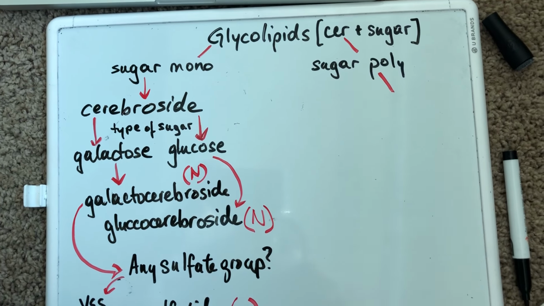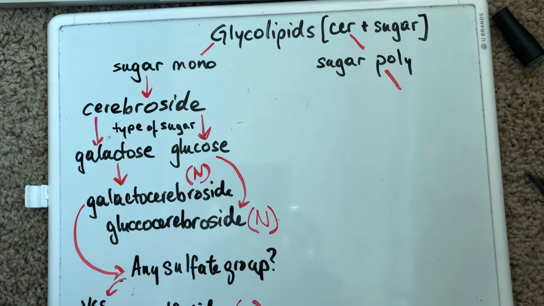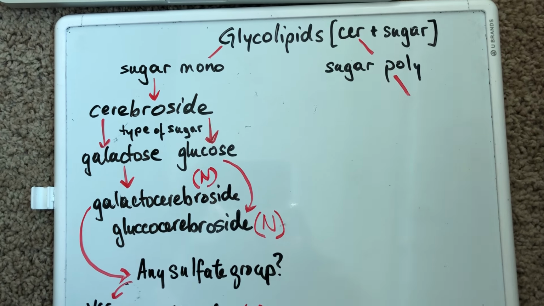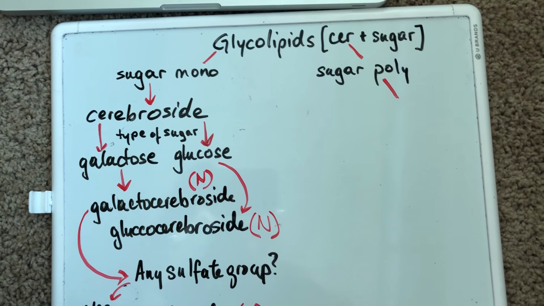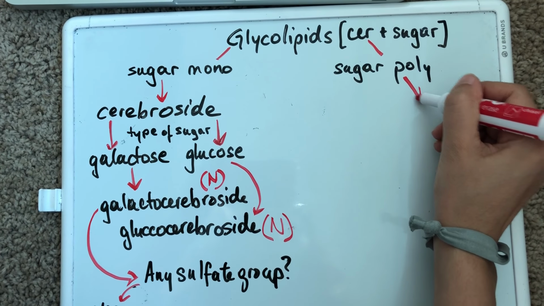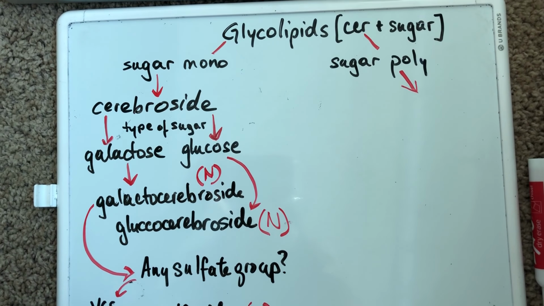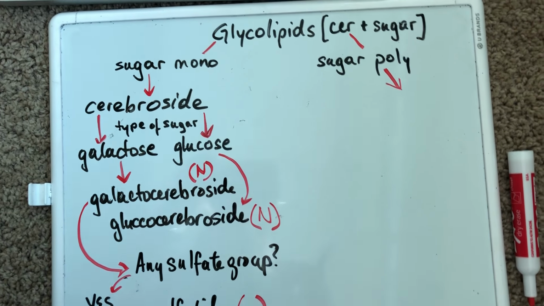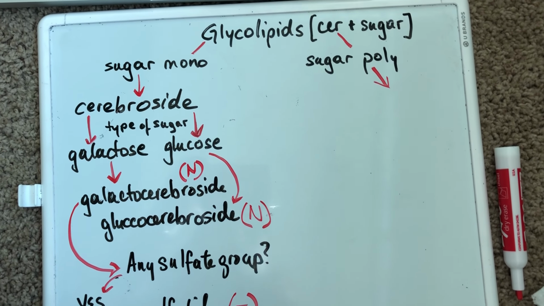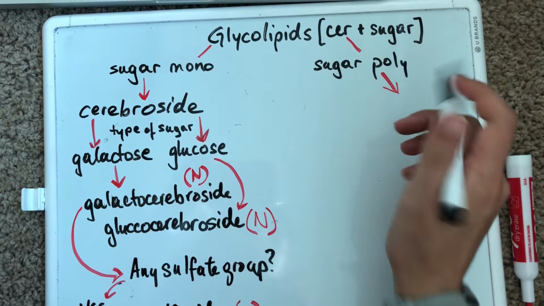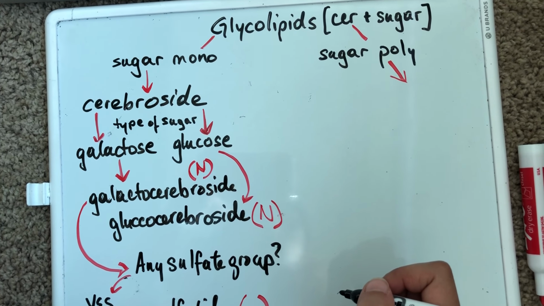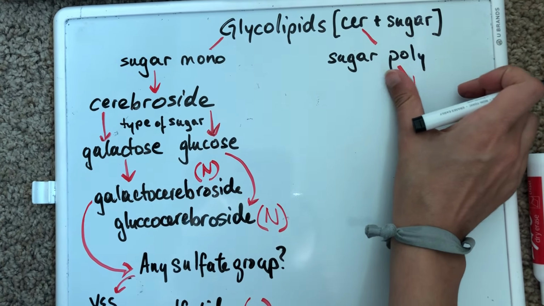So if the sugar is a polysaccharide, we're going to have something a little bit different. It's going to be called a globoside if only neutral sugars are present.